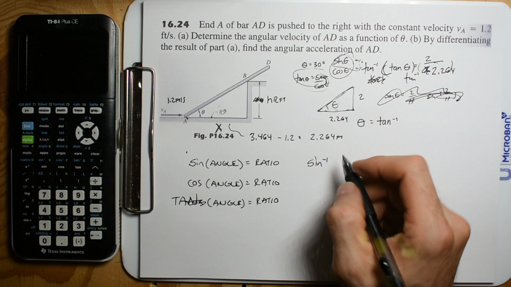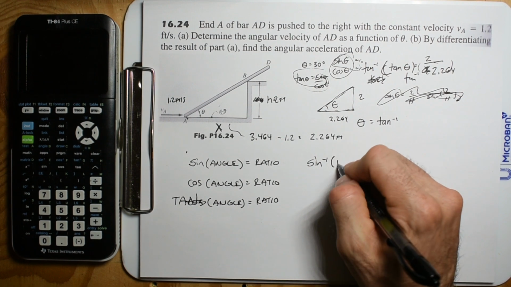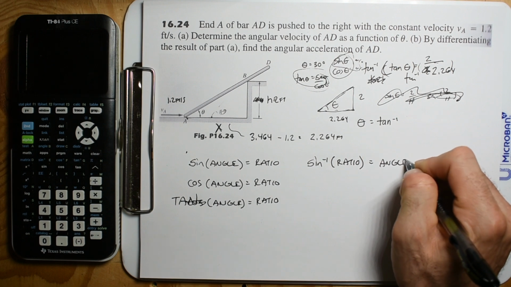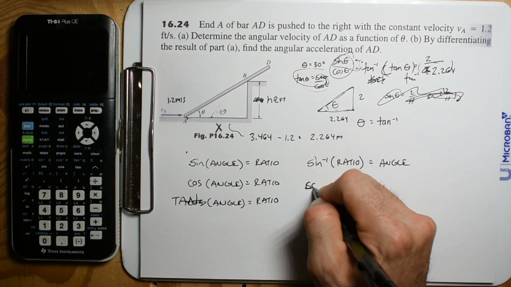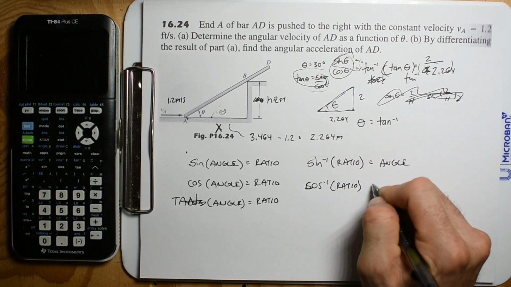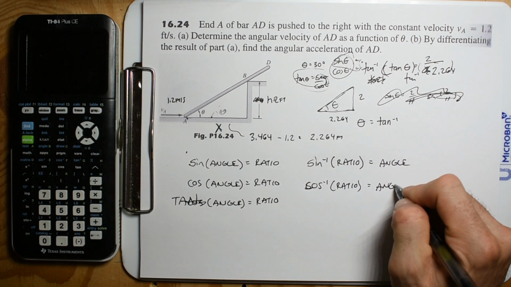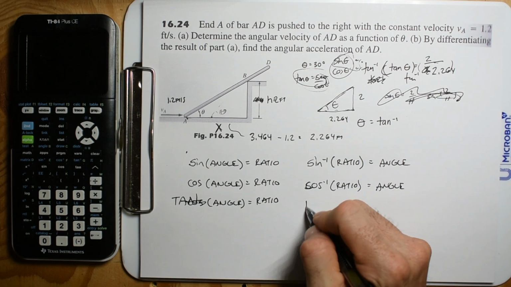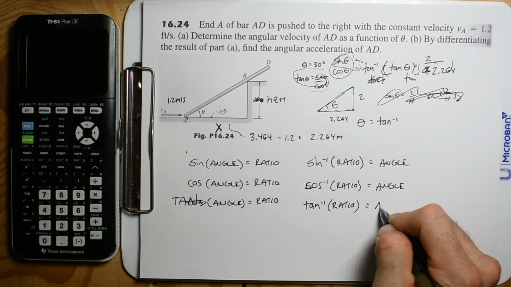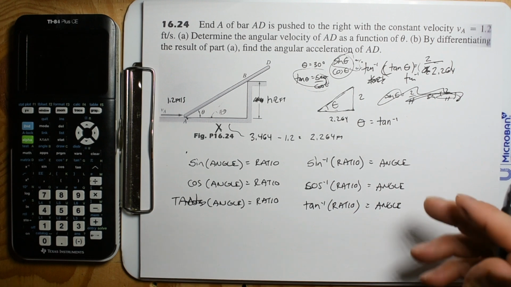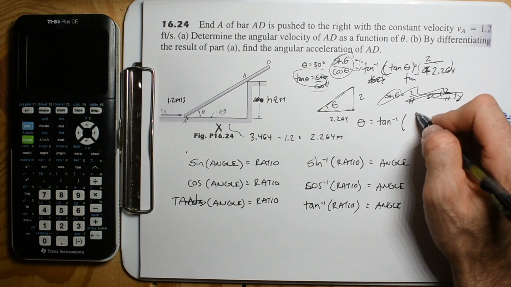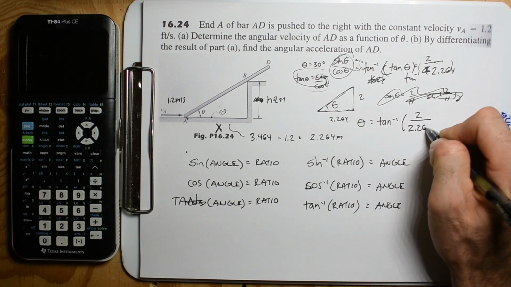Inverse sine of the ratio is the angle. Inverse cosine of the ratio is an angle. And the one we're working on is inverse tangent of the ratio is the angle. So we have an inverse tangent of 2 divided by 2.264.